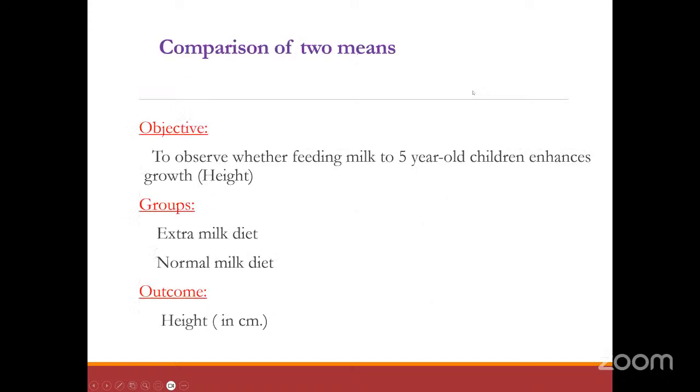Next slide. There is also the comparison of two means. Suppose we are comparing two groups. In the example, one group is fed an extra milk diet and the other is normal. Or suppose we are giving two treatments, one treatment and another placebo.